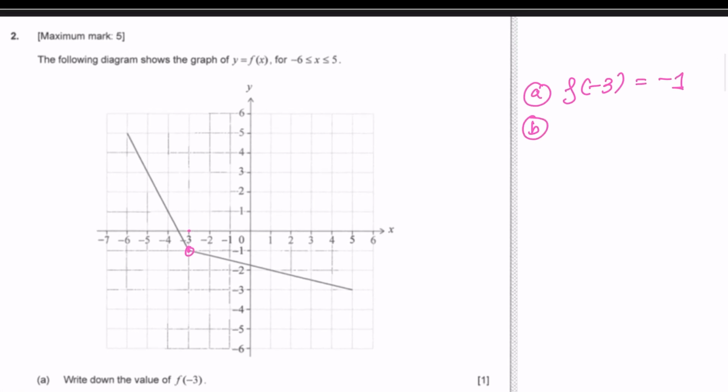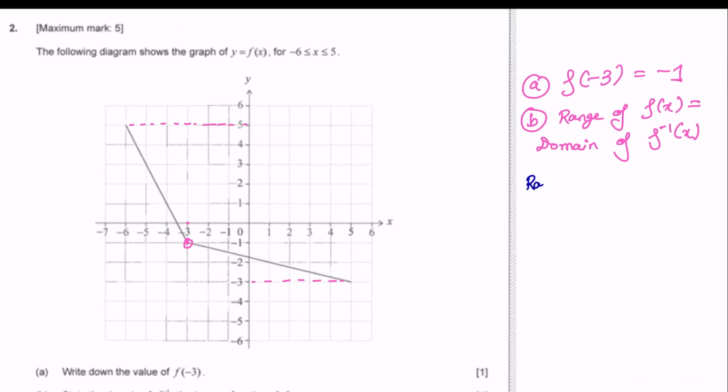Now we have to state the domain of f inverse x. Remember one thing: the range of f(x) is equal to the domain of f inverse x. The range of f(x) is between 5 and -3.